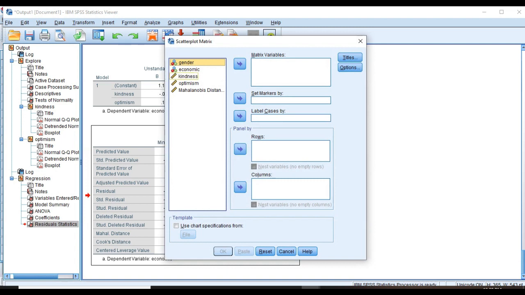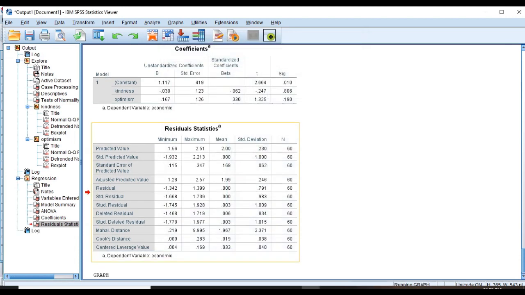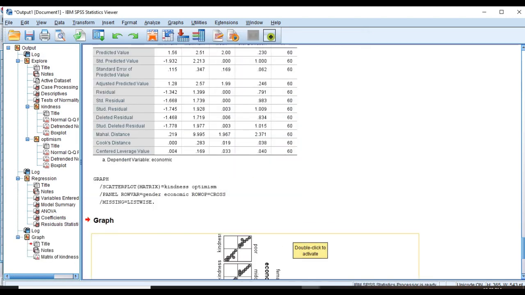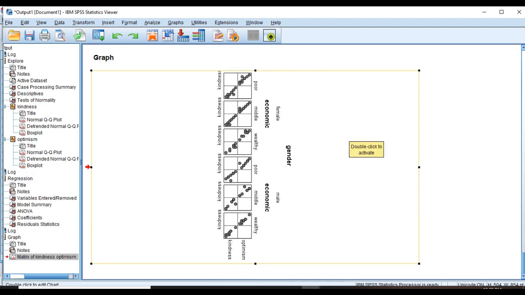The matrix variables would be kindness and optimism, and put gender and economic in the rows box, and then OK. Here we're looking for elliptical shapes, and it's like that for most of them, although for middle class and upper class women there are some points to consider, and also for poor and middle class men.